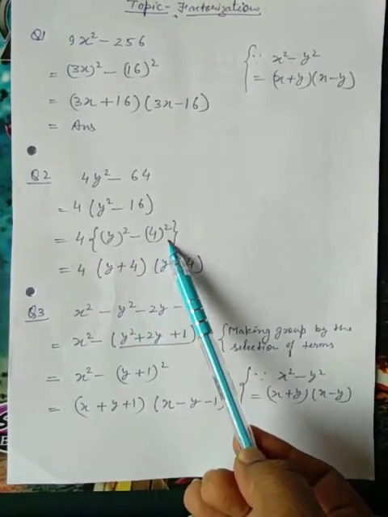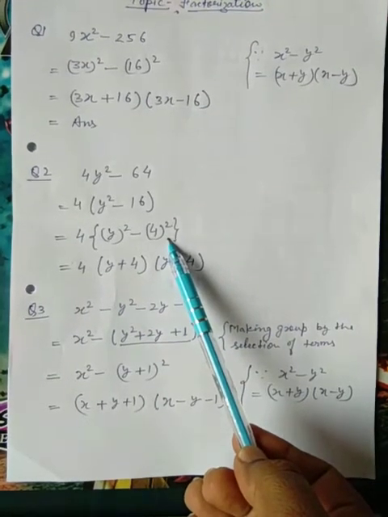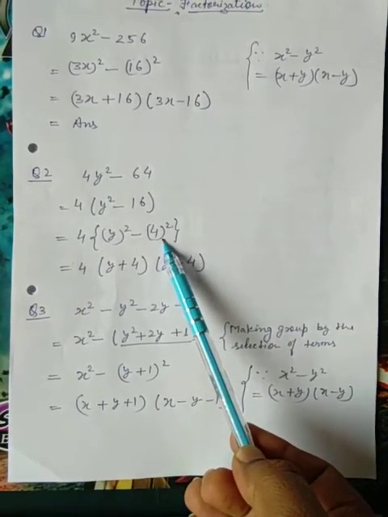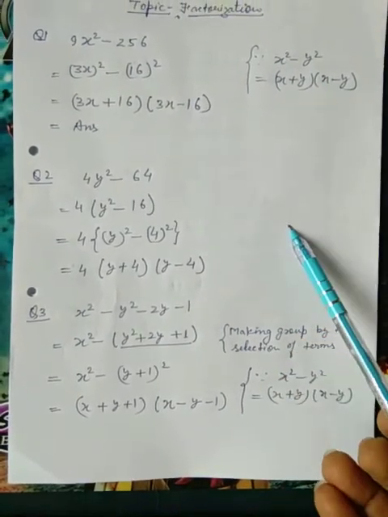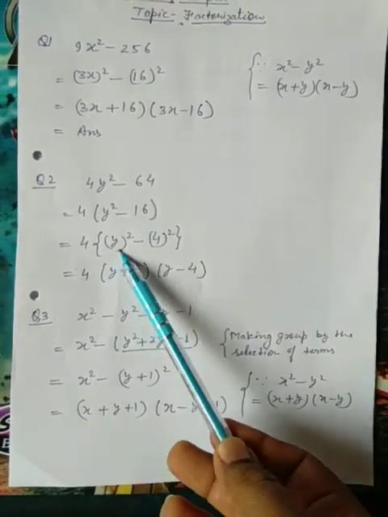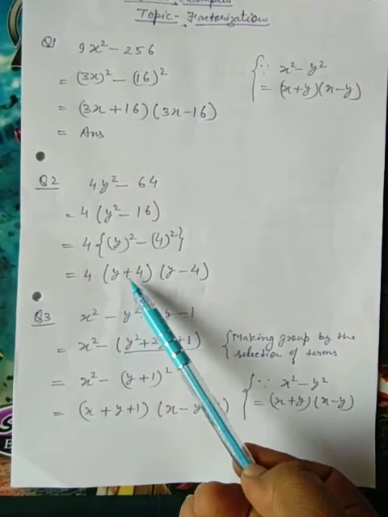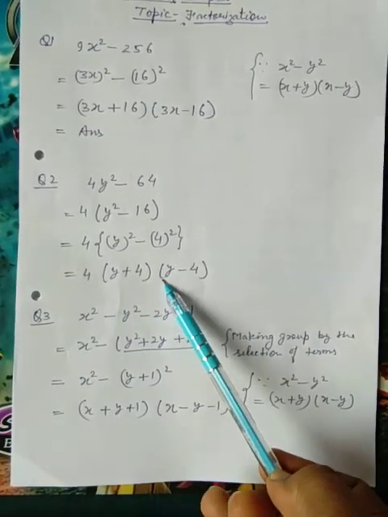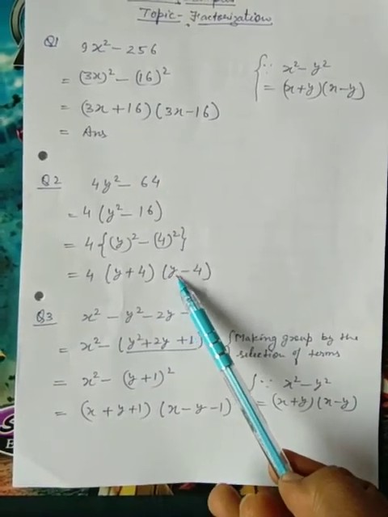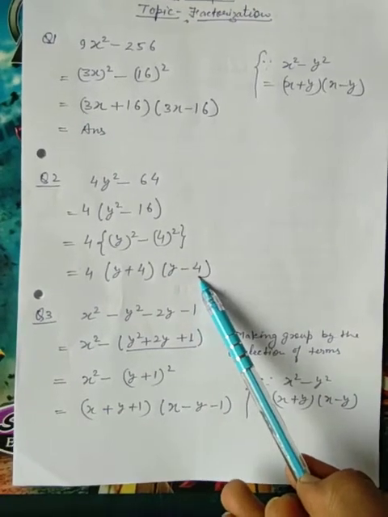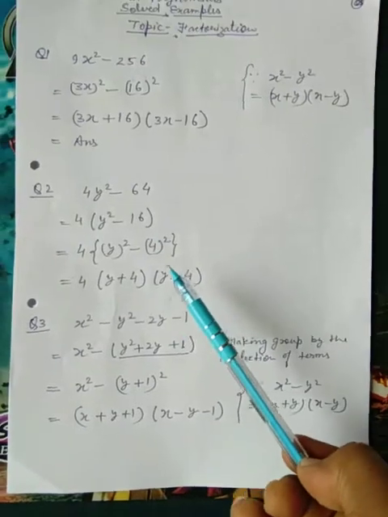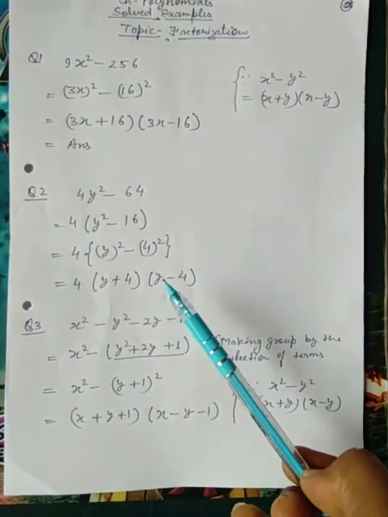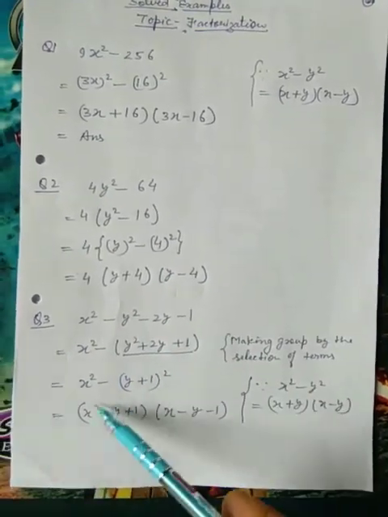Again inside the curly bracket I have used the difference formula as I mentioned in question number 1. You can mention the same thing here. Taking the first term in the first bracket, first term plus second term, and in the second bracket, first term minus second term. Then this is the solution of question number 2.